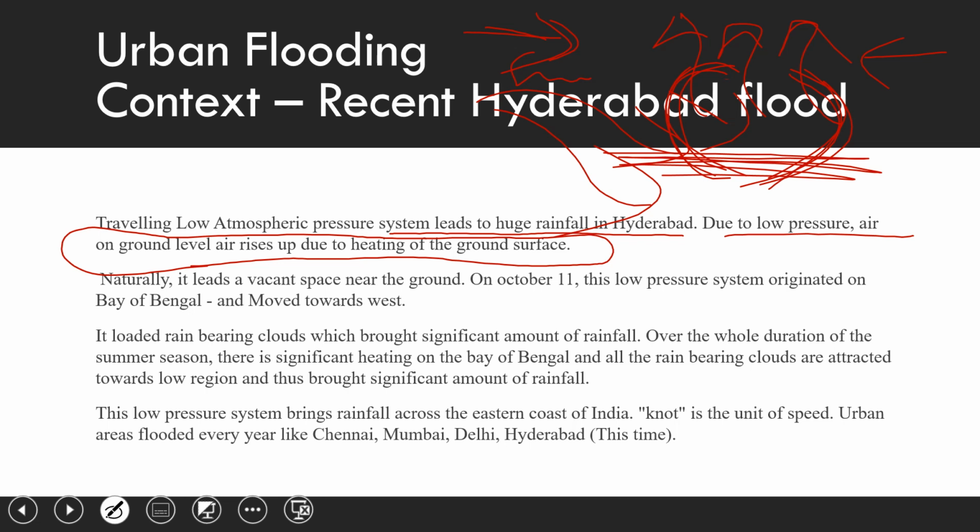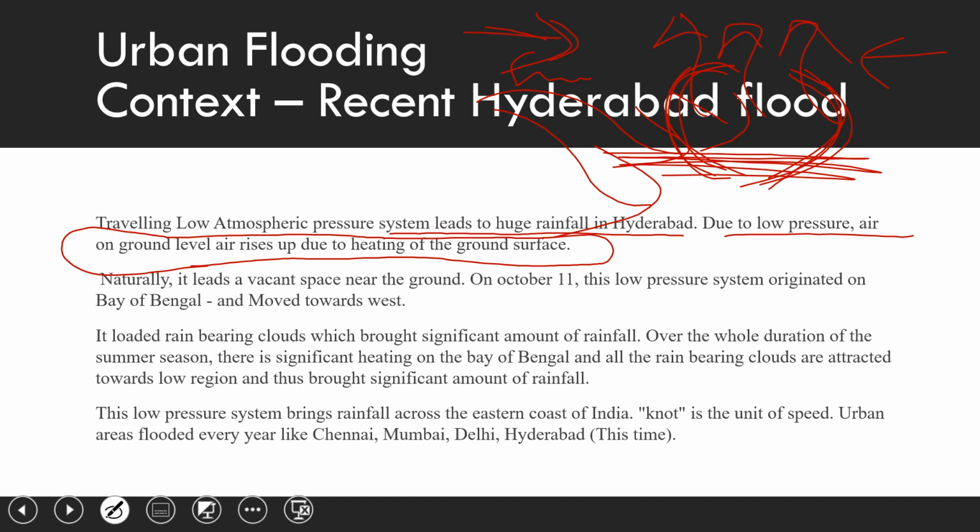So just consider low pressure as a vacant place, and the air surrounding that place will try to fill it up, and that's why it creates rainfall, because that high pressure wind has water loaded in it from the Bay of Bengal in the case of Hyderabad, and the rainfall occurred.